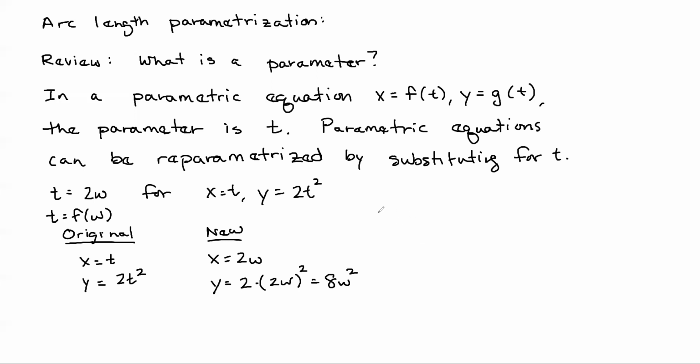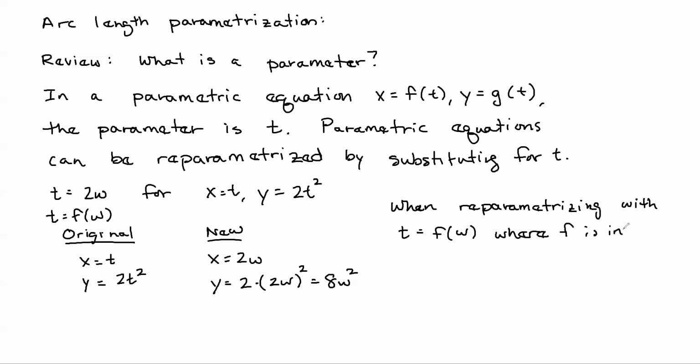All right, so let's note that: when reparameterizing with t equals f of w, where f is invertible, the graph does not change.